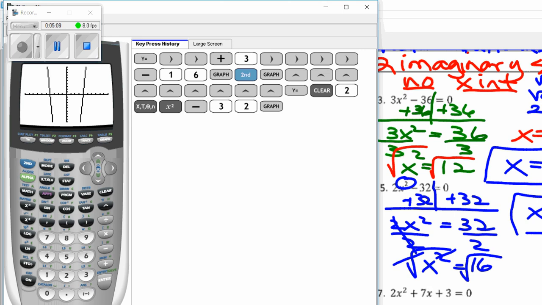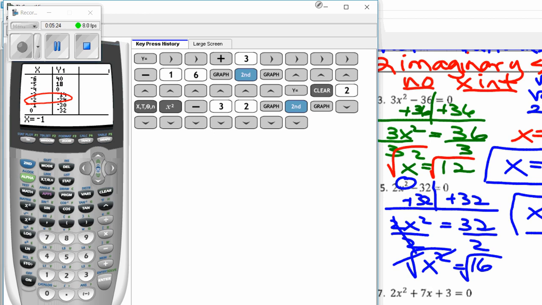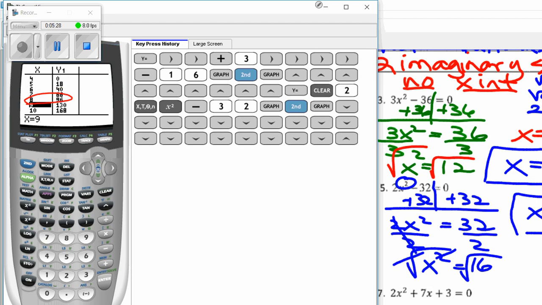And notice it's positive 4 and negative 4, which are the zeros. And I could also look at my table. When x is negative 4, y is 0. And then I could look at when x is positive 4, y is 0.